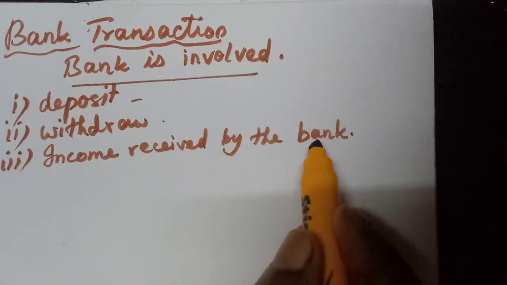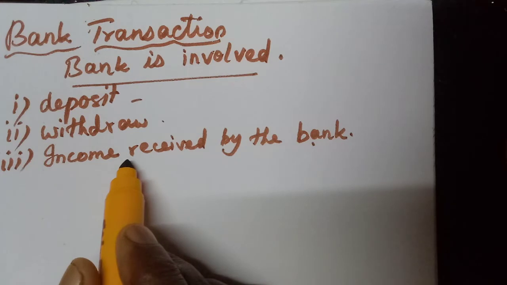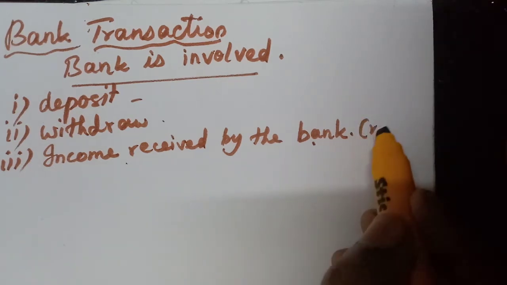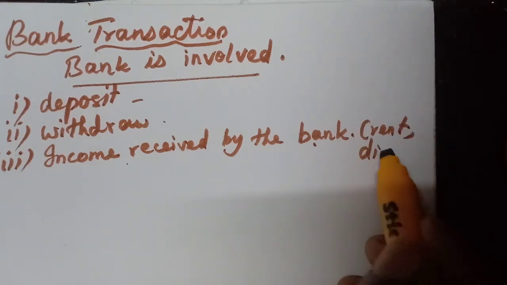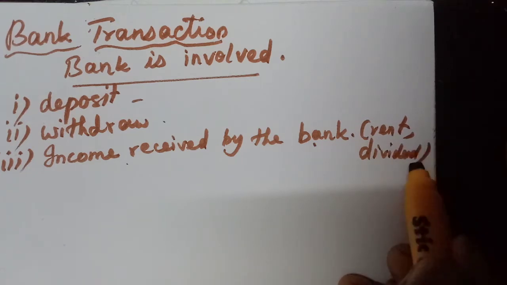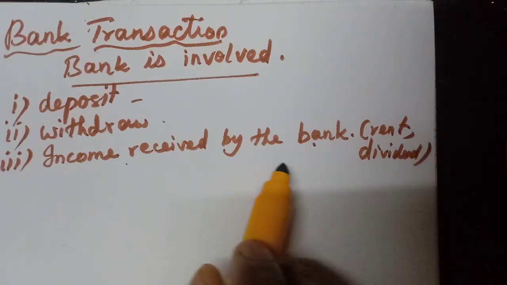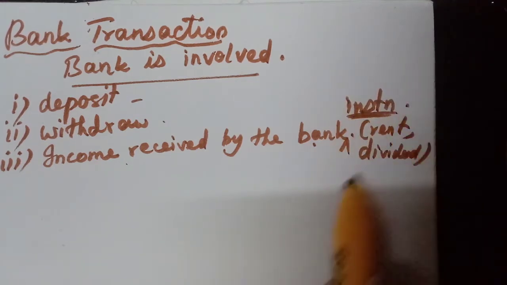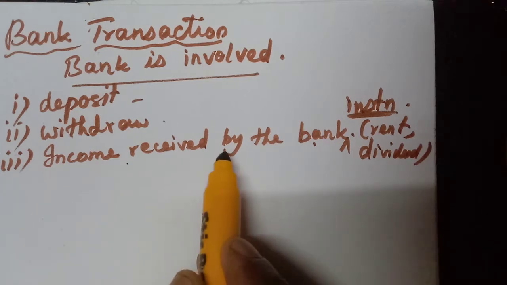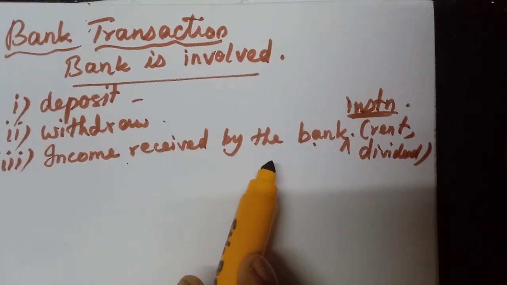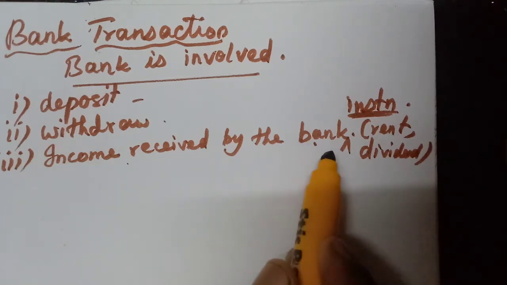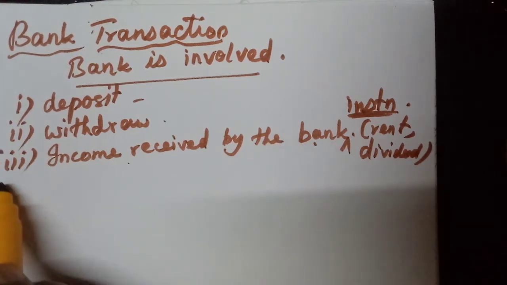We may instruct the bank to collect some of our income, maybe rent or dividend. Example, rent, dividend, all these the bank will receive. We do not need to receive if we give some instruction to the bank. When we give instruction, the bank will receive directly from the concerned person, that is income received by the bank. Here also bank is related, that is called bank transaction.